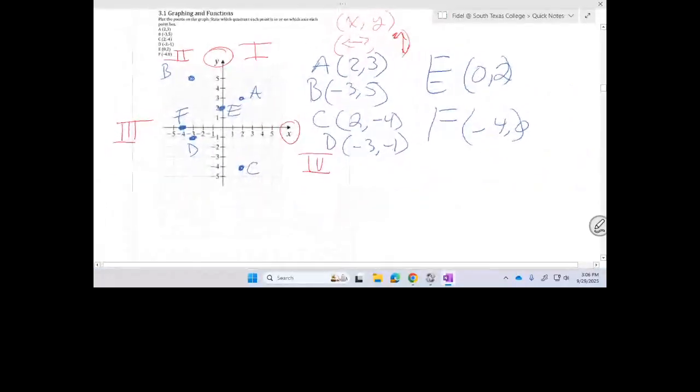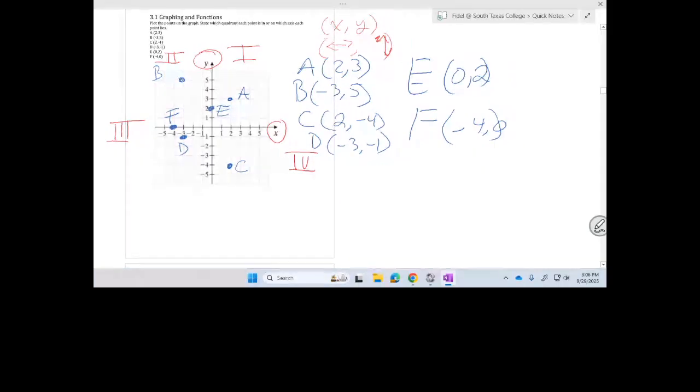In addition to plotting those points, it was also asking which quadrant or in which axis each point lies. So I'm going to list quadrant 1, quadrant 2, quadrant 3, quadrant 4, the x-axis, and the y-axis.